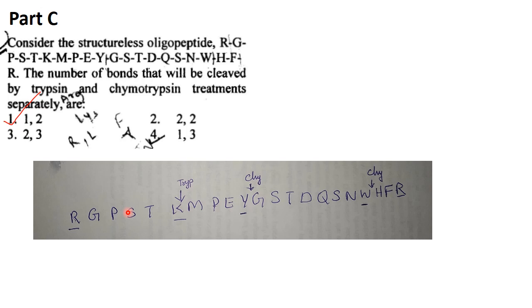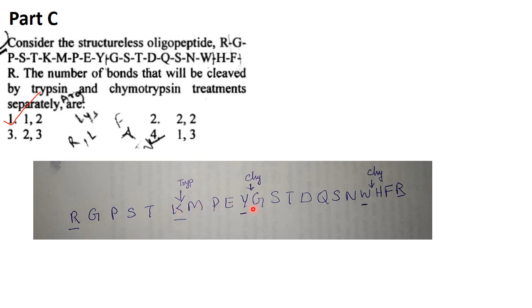So here if you see, you have got a K over here which will be cleaved by trypsin. Then you don't find any K or R. R is present at the ends. That will not be cleaved by trypsin because trypsin is an endopeptidase. It will not cleave at the ends. So only this K region will be cleaved by the trypsin.